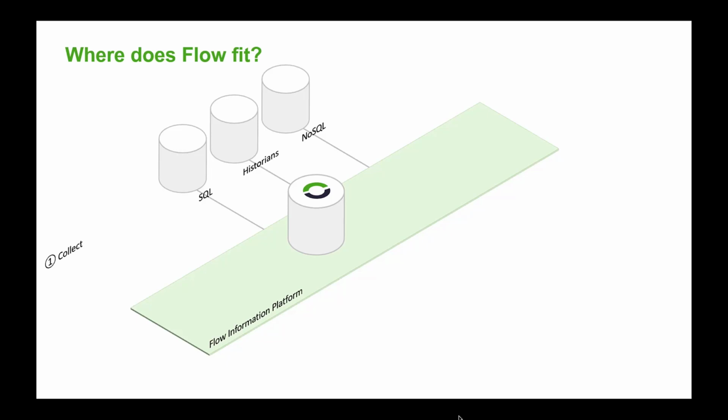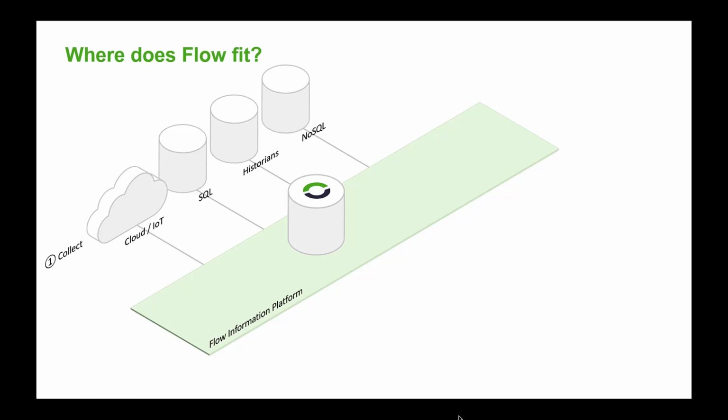Even NoSQL data sources. So for example, we're seeing a huge uptake of a NoSQL data source called InfluxDB, which you may have heard of. And as of version 5.4, we're going to be able to connect into InfluxDB.